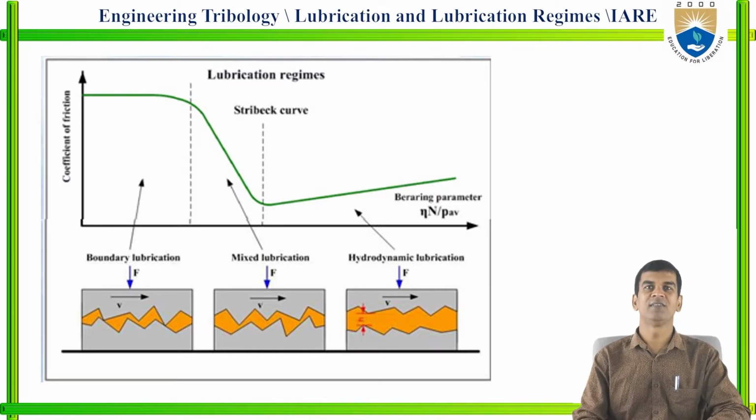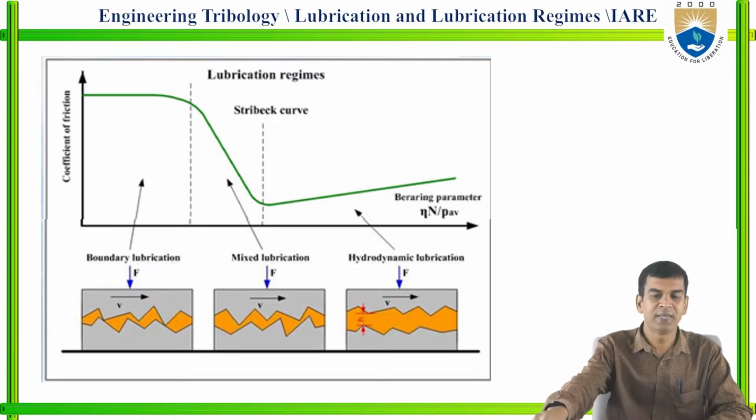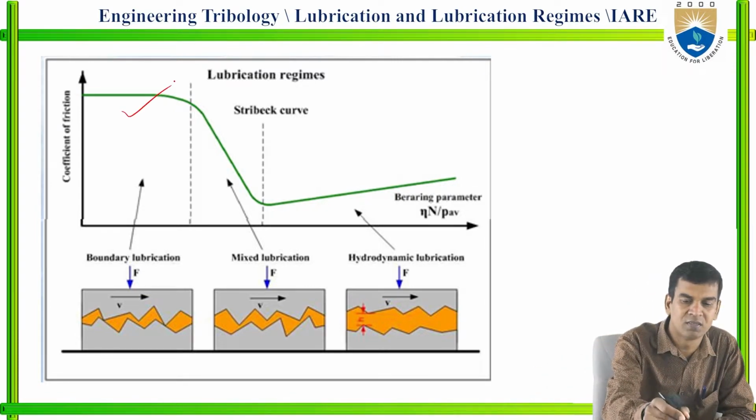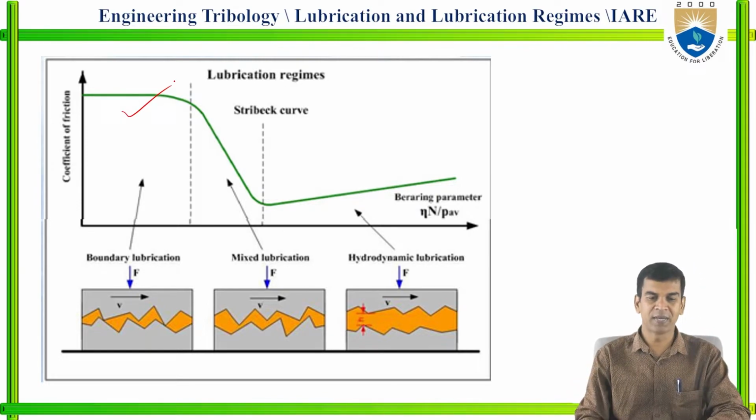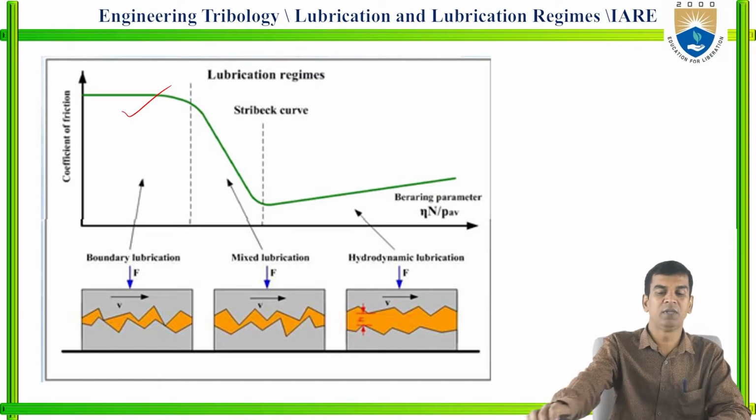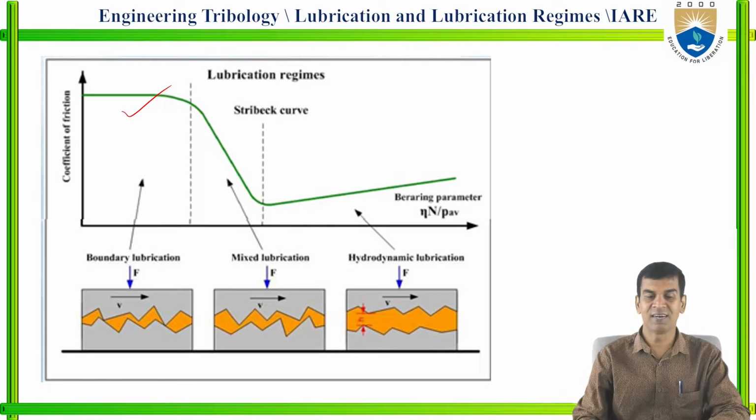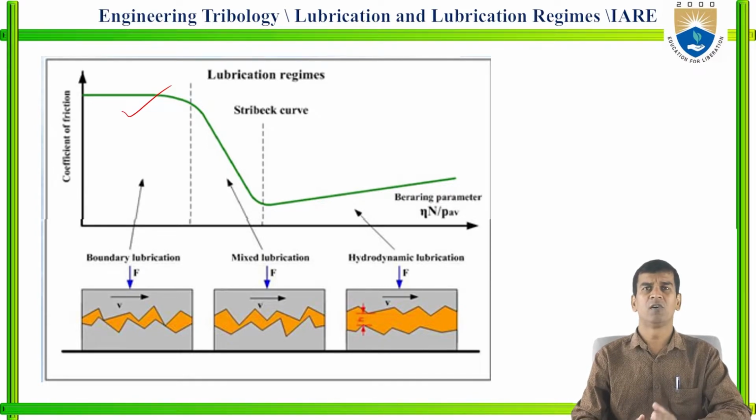In boundary lubrication, the Stribeck curve is a straight line. In mixed lubrication, there is a drastic drop, because this is a phase between boundary lubrication and hydrodynamic lubrication.